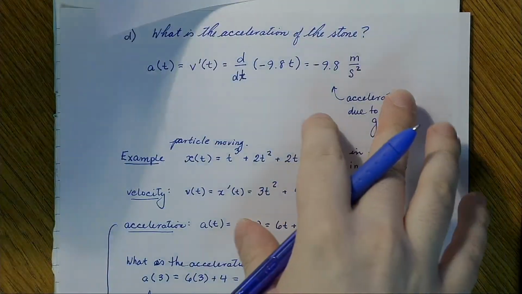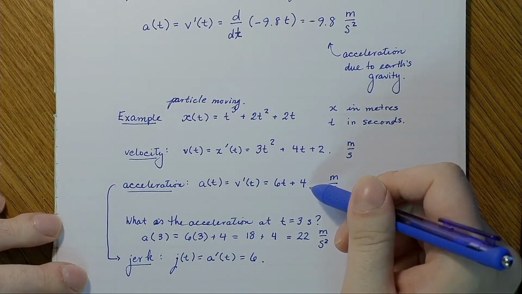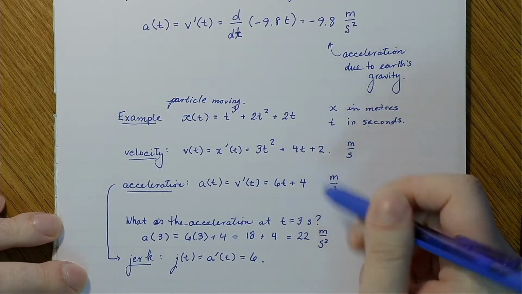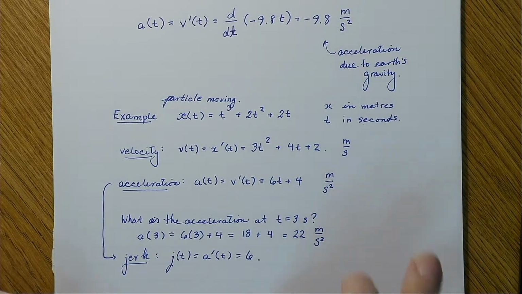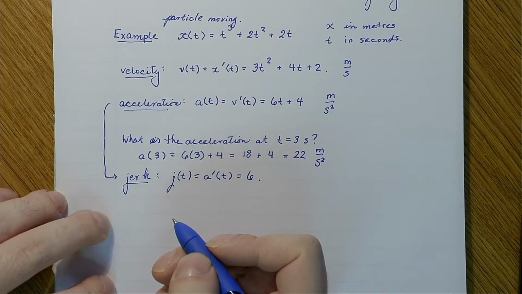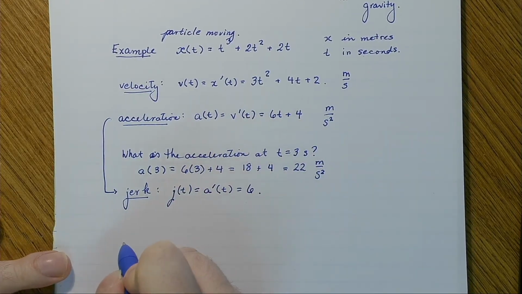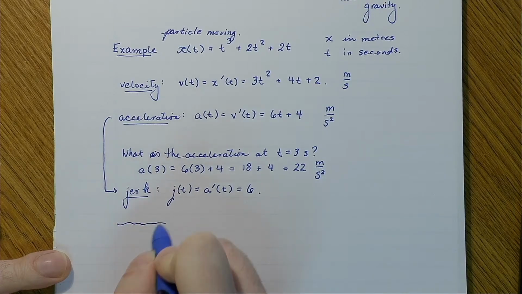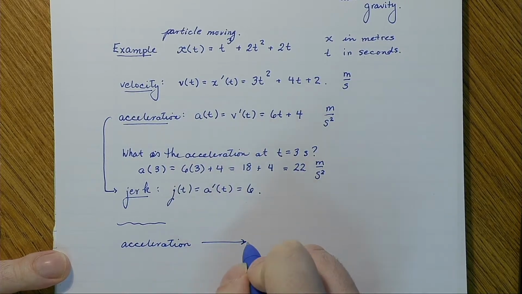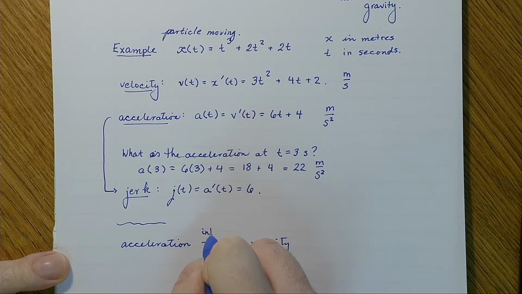But again, notice that if we didn't have some information here, going backwards doesn't work. So for instance, going from the acceleration to the velocity requires me to integrate.